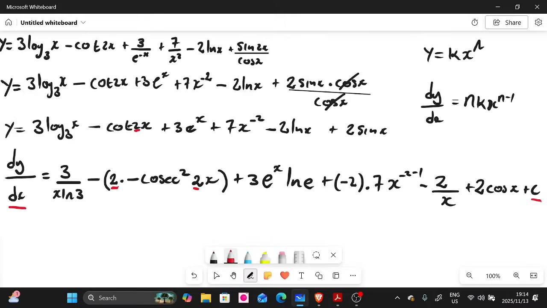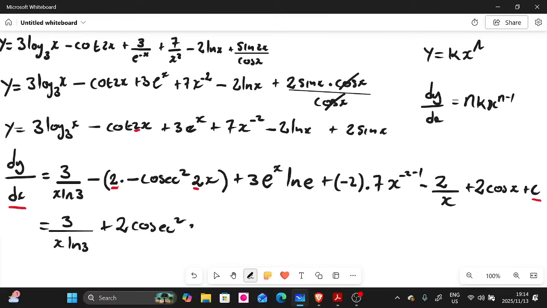And now don't leave your answer like this, because sometimes they need to be simplified. So let's start with the first term. The first term is fine. You don't simplify it, you write it as it is, 3 over x ln 3. The second term we have negative multiplied by 2 multiplied by negative cosec squared 2x, right? So this is going to be positive because we have negative there, and 2, then cosec squared 2x.